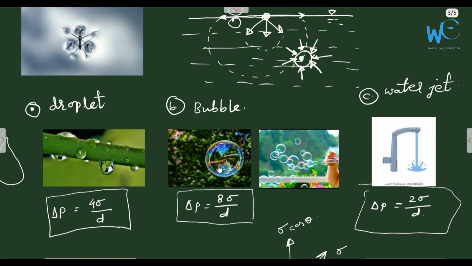If you see very clearly, you will get some rainbow colors in a bubble. Why do these rainbow colors appear? Because in a bubble two films are formed, due to which you can see spread colors. That's why the formula changes from 4 sigma to 8 sigma by d, and in a water jet the change in pressure is equal to 2 sigma by d.